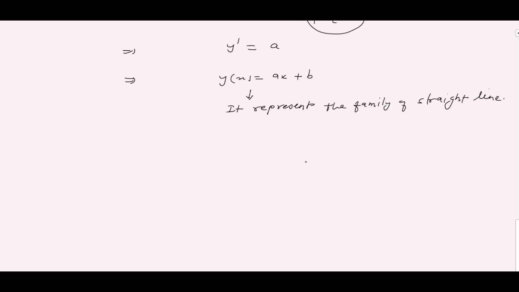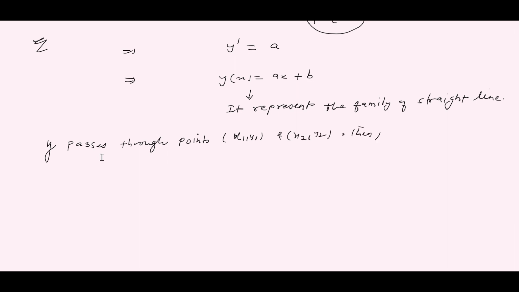So it means y passes through the points (x1, y1) and (x2, y2).